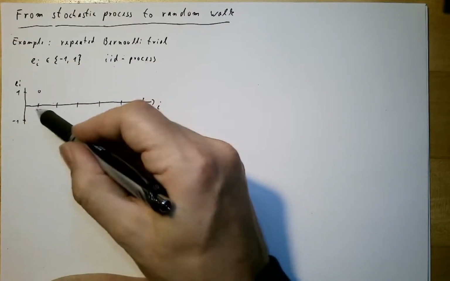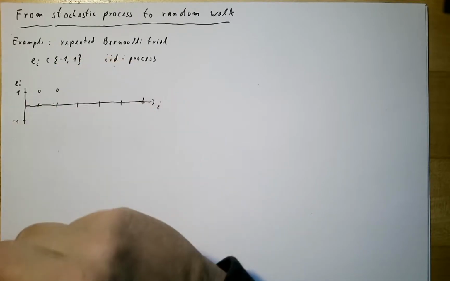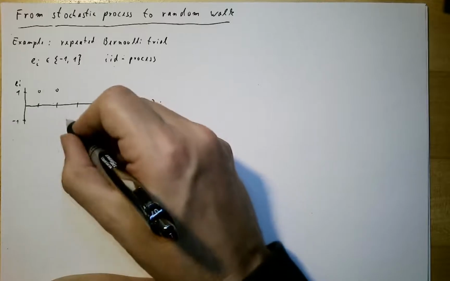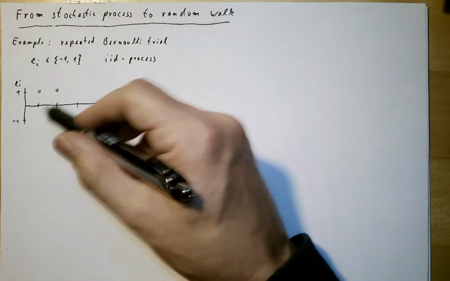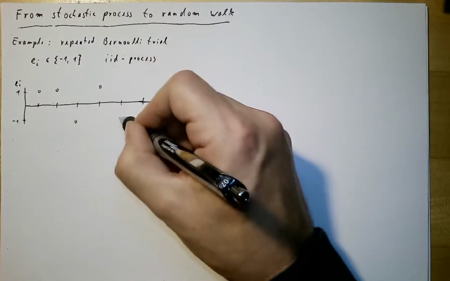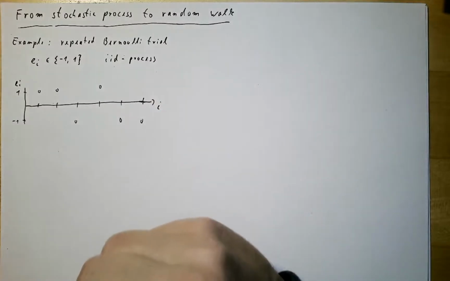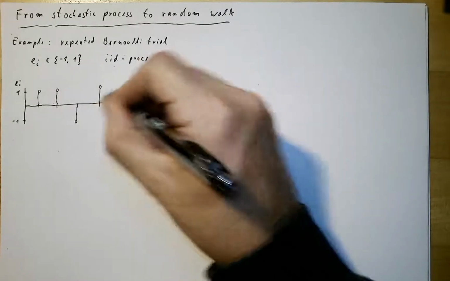So for example, in this case we have +1. The next time step we have again +1, then we draw -1. So we're always drawing independent random numbers. We have again +1, minus, and so on. So that would be our stochastic process.